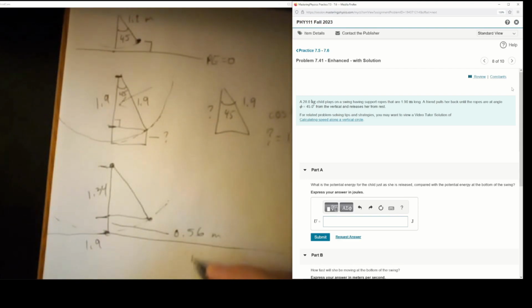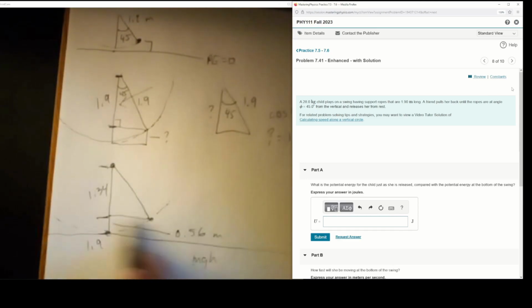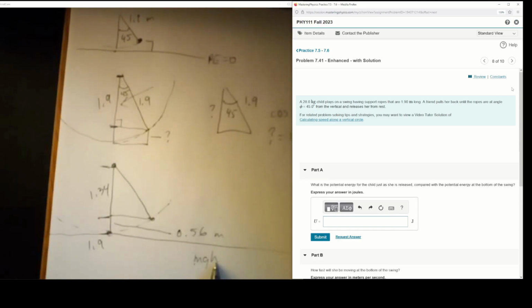So looking at the potential energy, which is mgh, we have the child's mass, gravity is 9.8, and the tough part there was figuring out what height we have. That's 0.56.